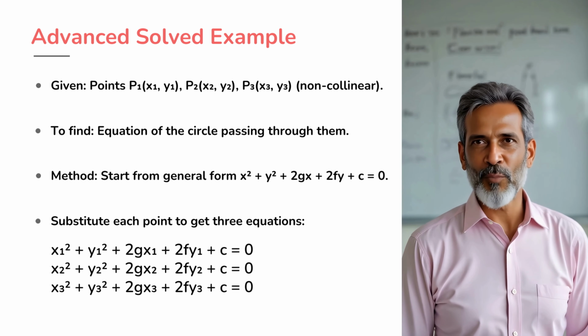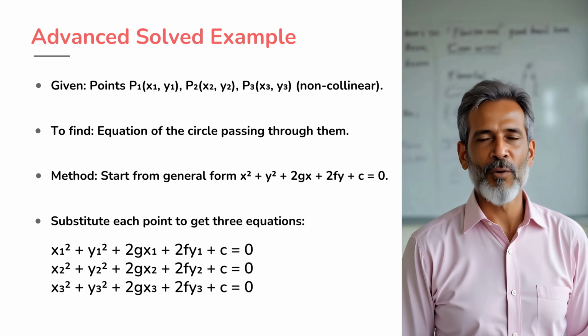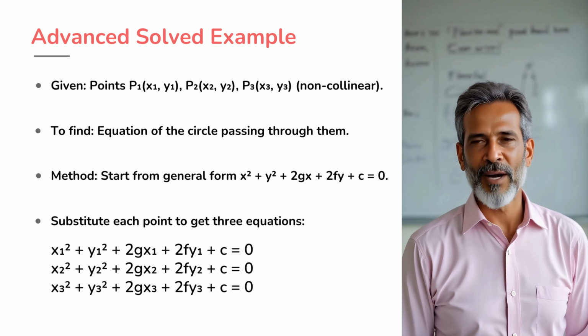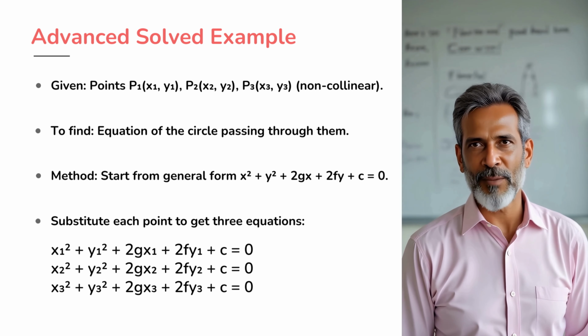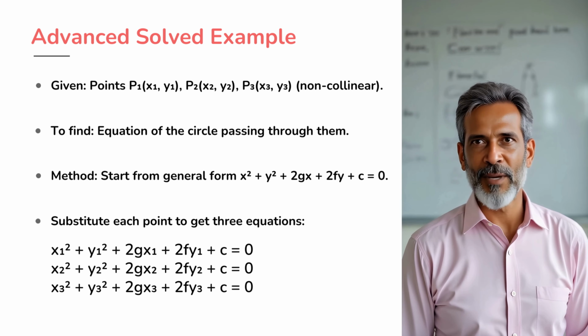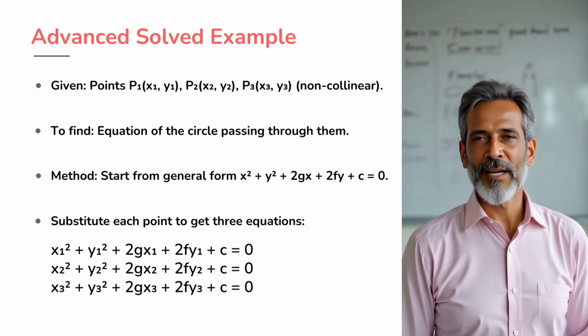x1² + y1² + 2gx1 + 2fy1 + c = 0, x2² + y2² + 2gx2 + 2fy2 + c = 0, x3² + y3² + 2gx3 + 2fy3 + c = 0. Step 3. Eliminate c by subtracting the first equation from the next two. That gives you two linear equations in g and f.